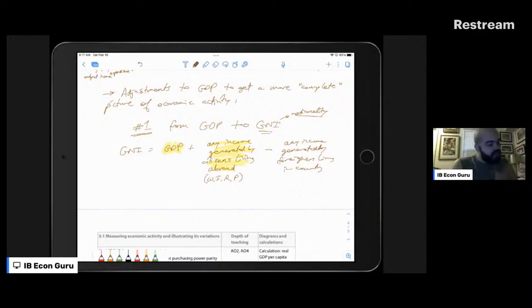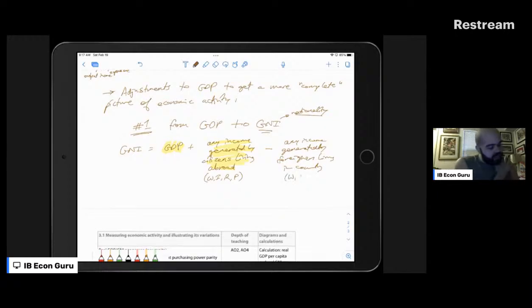And then you subtract any income generated by foreigners living in the country. Again, that's wages, interest, rent, and profit. What that does is it focuses more on who is generating the income rather than where the income is being generated. So GDP focuses on where, GNI focuses on who is generating this income.